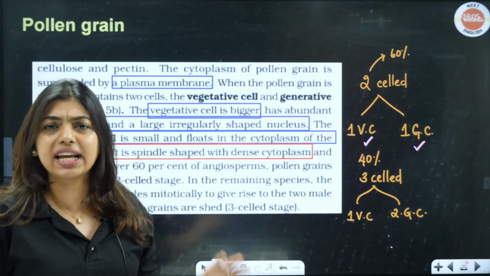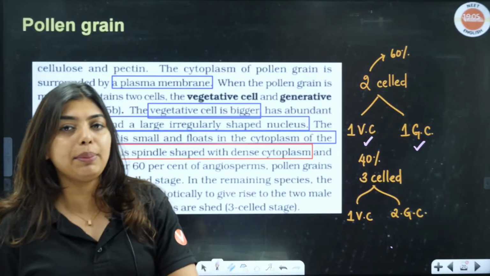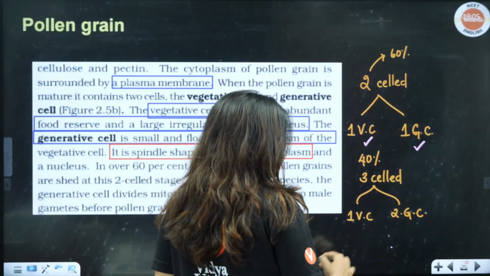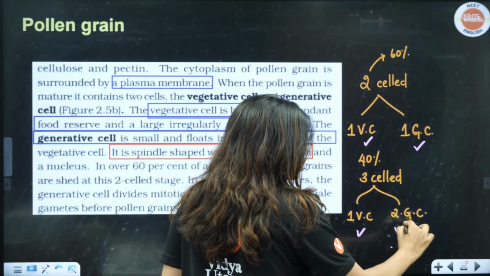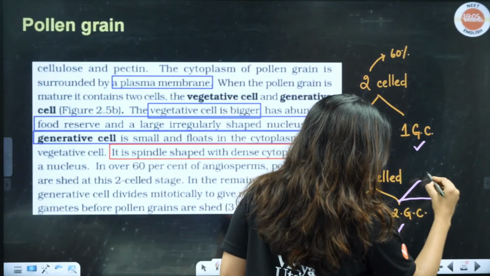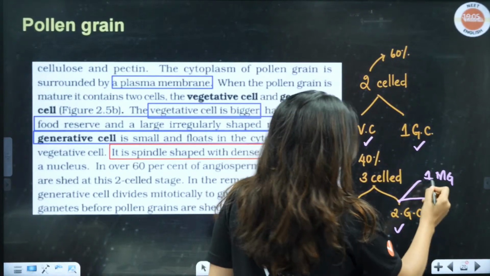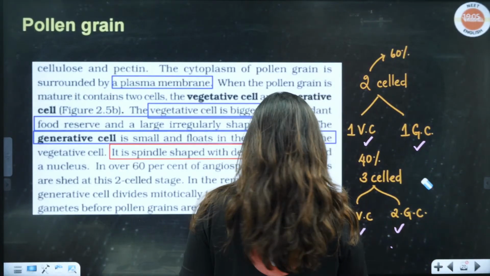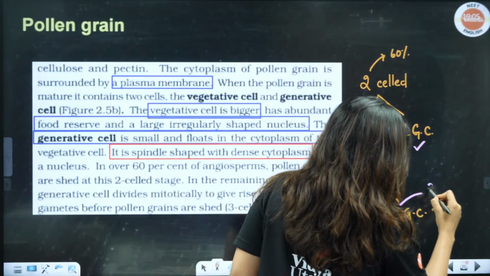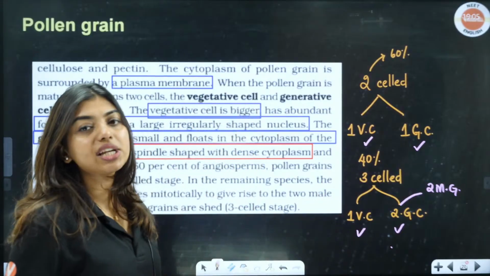They will dehisce and everything will happen normally. But in the other 40%, there is a three-celled stage. One vegetative cell, two generative cells. What do two generative cells mean? Two male gametes. Whenever we are talking about two generative cells, that means we are talking about two male gametes. Okay, this is in what stage? It is in the three-celled stage.